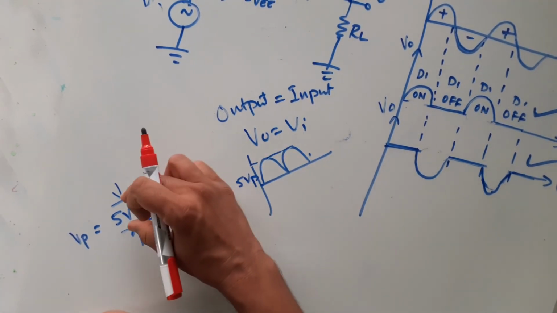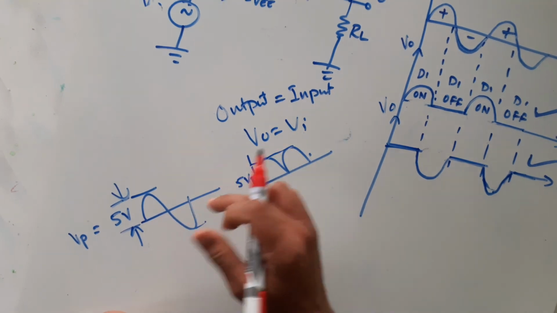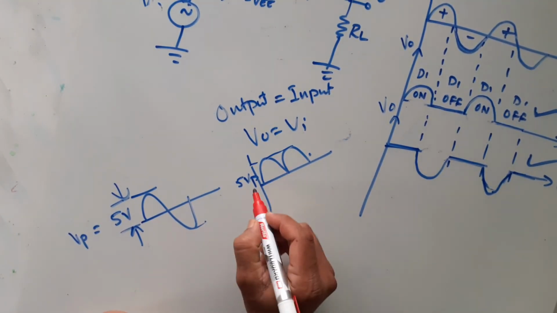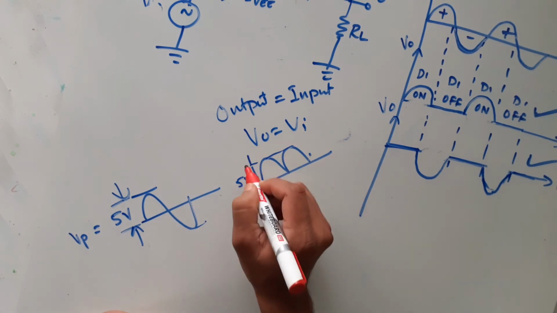The amplitude remains the same when it is working as a voltage follower. Means output is the same in amplitude as the input.